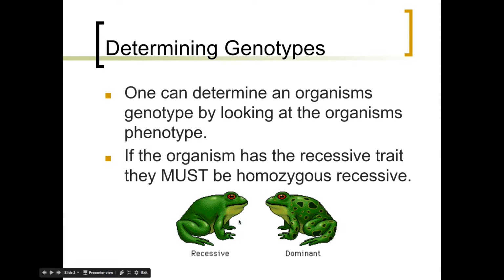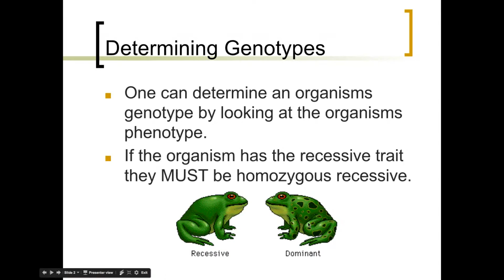If I see a frog that is not spotted, I know right away he must be homozygous recessive because the only way to be not spotted is to have two recessive alleles. If I had one dominant allele, I'd be spotted. So that's one way you can figure it out. If you see an organism that has the recessive trait, you know they must be homozygous recessive.